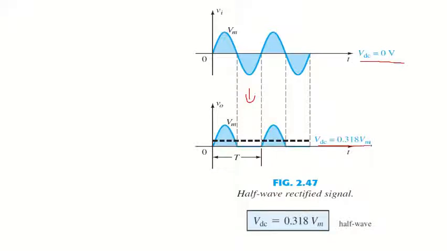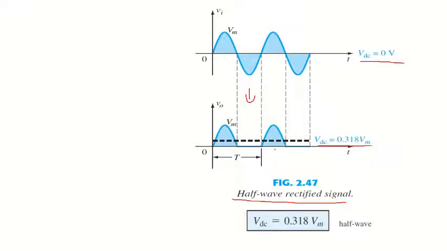I'll share a derivation in which I prove that VDC is equal to 0.318 Vm. For half-wave rectification, VDC is 0.318 Vm, because the algebraic sum of the lower lobe is 0 and the algebraic sum of the positive lobe is this one.